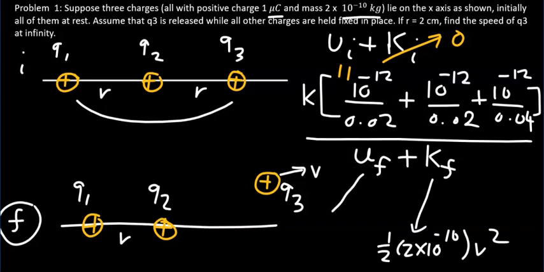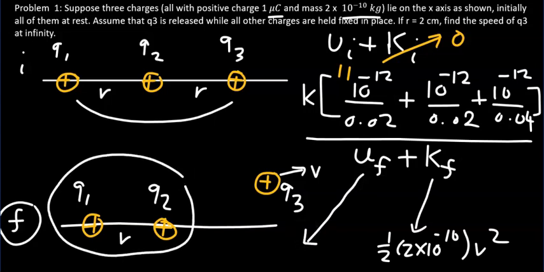The final electric potential energy of the system is contributed by only these two charges, that 1-2 pair. Q3 does not contribute because it is at an infinite distance, so any term would involve the value of r approaching infinity.